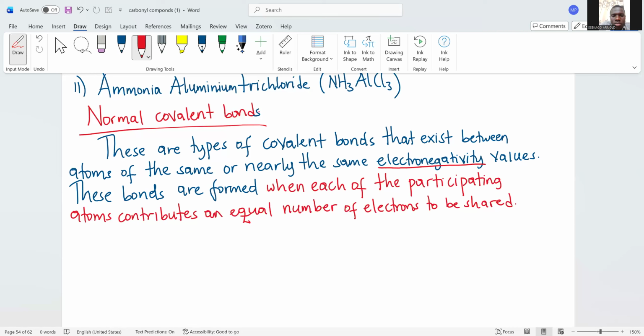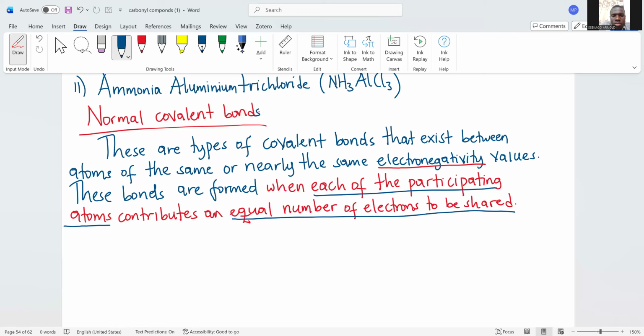For dative covalence, we saw that the electrons which are shared are strictly contributed by one atom. So, assuming that you don't know the meaning of electronegativity value, have this in your mind: to form a normal covalent bond, each one of the participating atoms contributes an equal number of electrons to be shared.